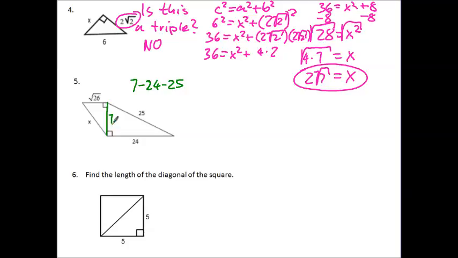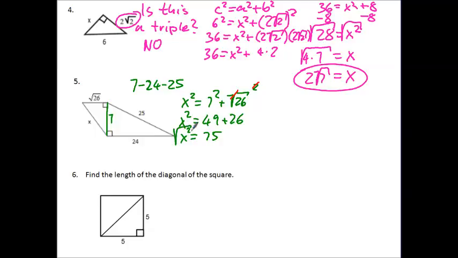But now we can go ahead and find x. X squared is equal to 7 squared plus the square root of 26 squared. Squaring and square root cancel each other out, and we get x squared is equal to 49 plus 26. In other words, 75.